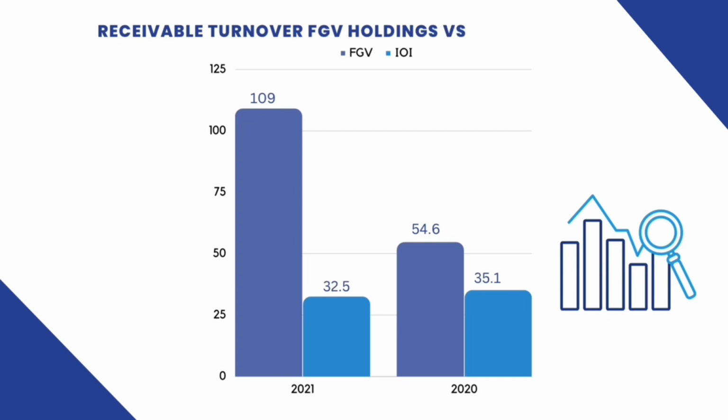This may indicate that FGV's collection practice is efficient, which quality customer will pay their debt quickly. Meanwhile, for IOI in year 2020, the receivable turnover stayed at 35.1 and decreased in year 2021, which is 32.5. It could be the result of inefficient collection process and customers who are not financially viable for IOI.